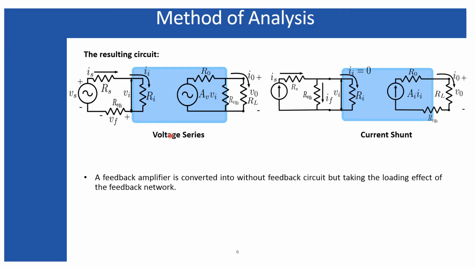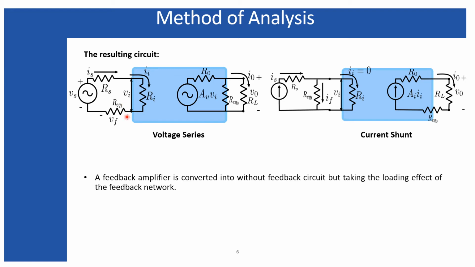So this is the voltage series and this is a current shunt. This will be the original circuit. Now these two circuits have been converted into the without feedback circuit, but both of these circuits take the loading effect of their corresponding feedback networks.